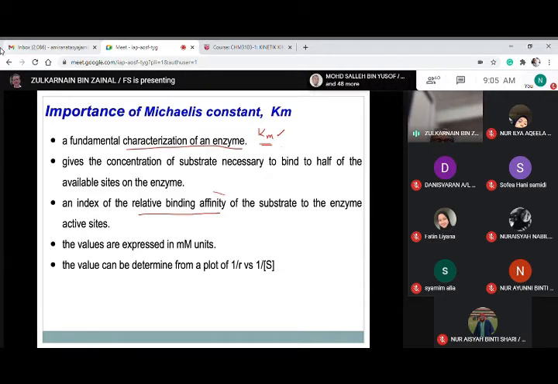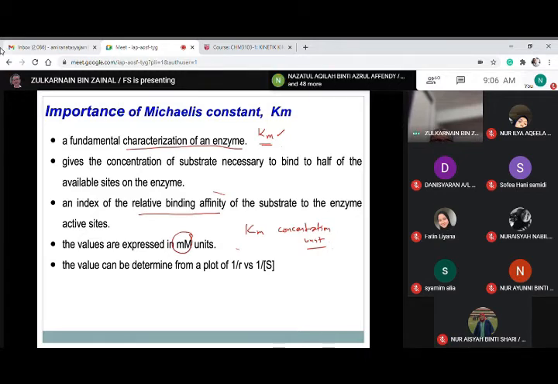And the values are expressed in millimolar. So Km has a concentration unit. Okay, so it is in millimolar.